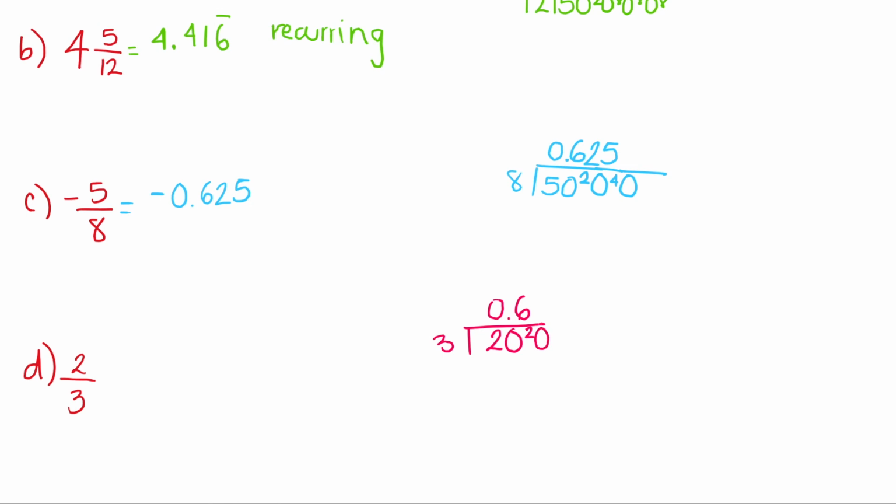We can see that it's starting a pattern, so it's going to be another 6, and here another 2, and I know that this is going to continue forever. So now the digits are repeating. So this is going to be equal to 0.6, and I write the dash on top to symbolize that this is going to continue forever. Wonderful.